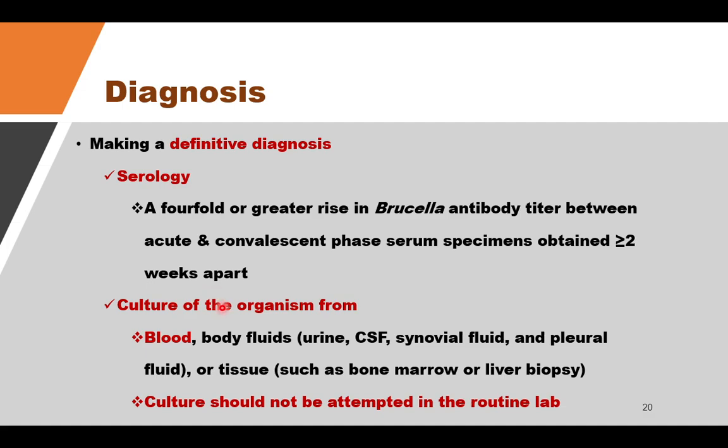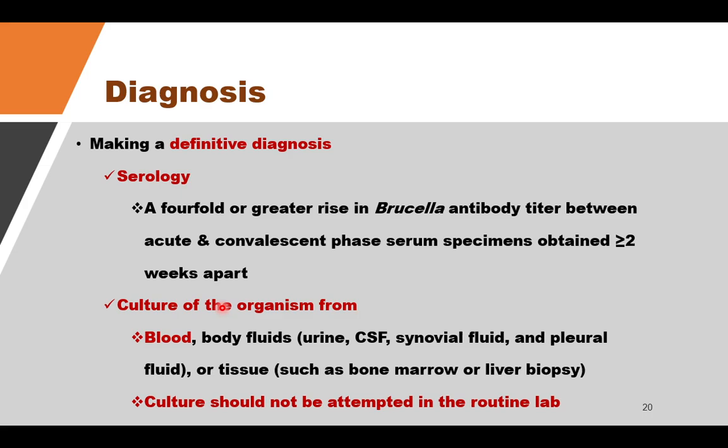Culture of the organism. Now, this is one situation in which you have to inform the lab. I'm thinking of brucellosis, I'm thinking of TB. Both organisms are biosafety level 3 organisms. So the lab knows that this is one sample that shouldn't be handled on the open bench.